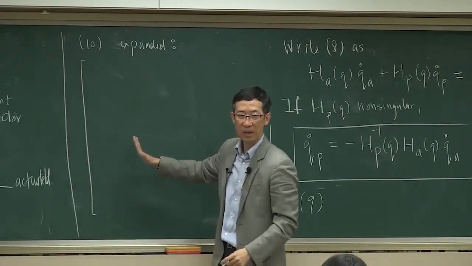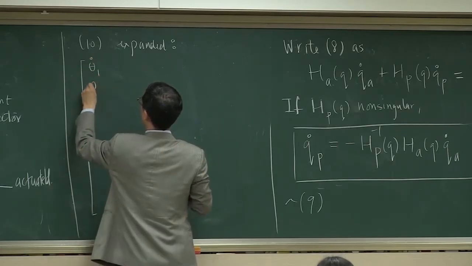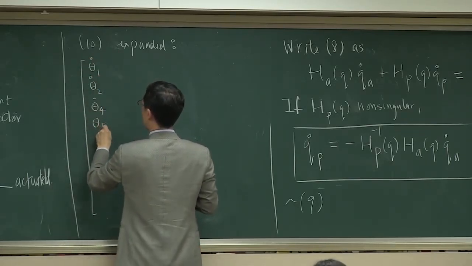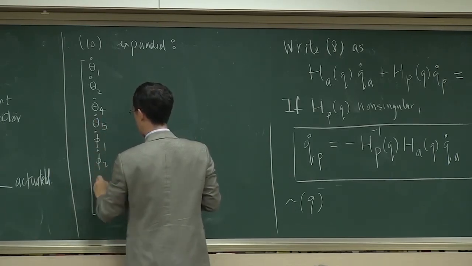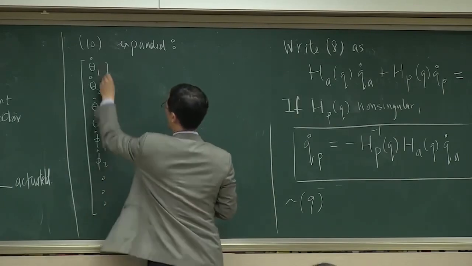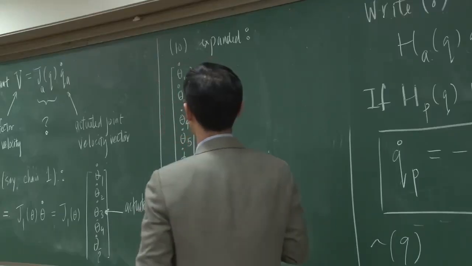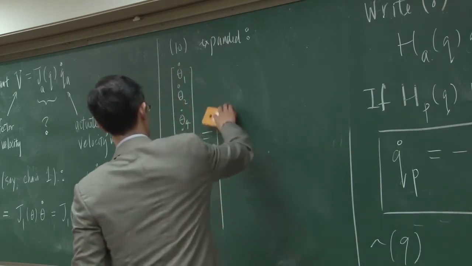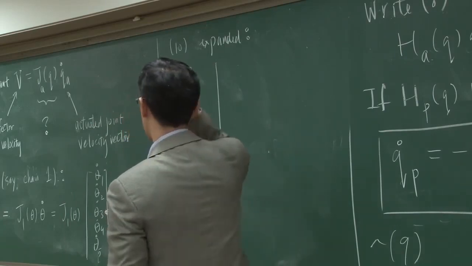I'm not going to write the whole thing. Let's just write a few. There's theta 1 dot, theta 2 dot, theta 4 dot, theta 5 dot, phi 1 dot, phi 2 dot, and so on. It's going to equal some matrix.